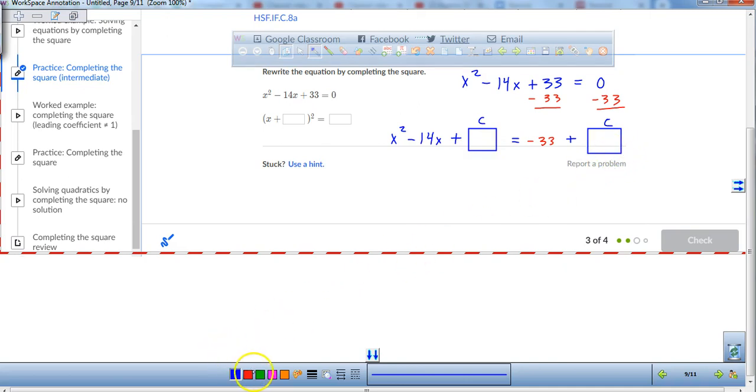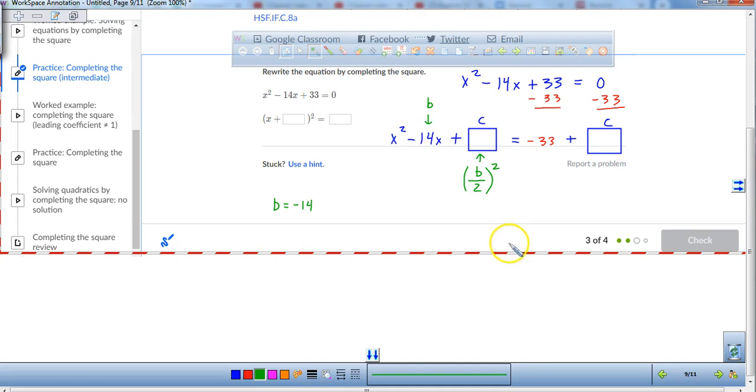Now, the next thing we're going to do is identify the V value. Our V value is equal to negative 14. Something we talked about in the previous video: in order to find the C value, it will always be the V value divided by 2 in closed parentheses squared, which basically means you take half of this and you square it.